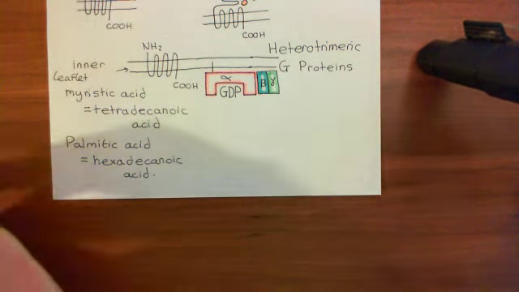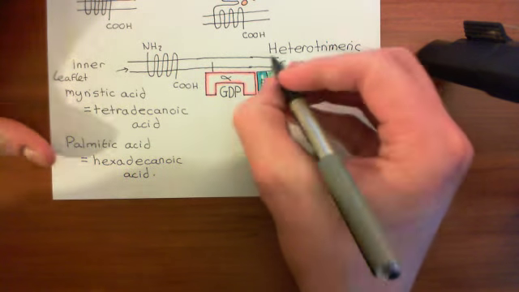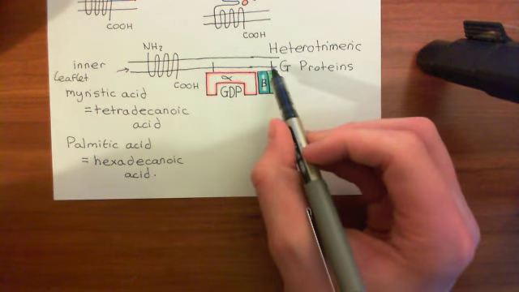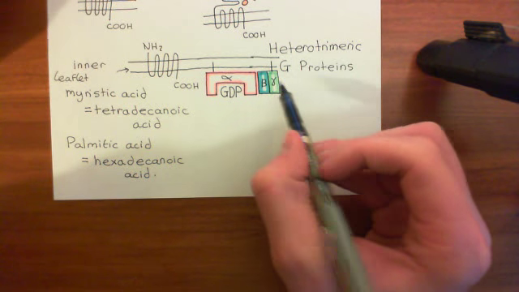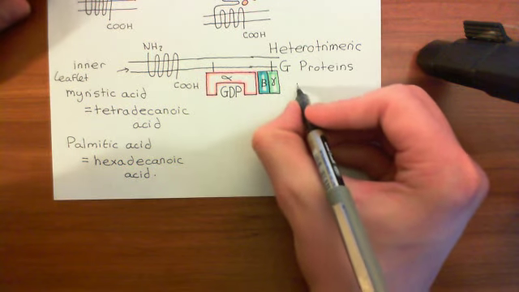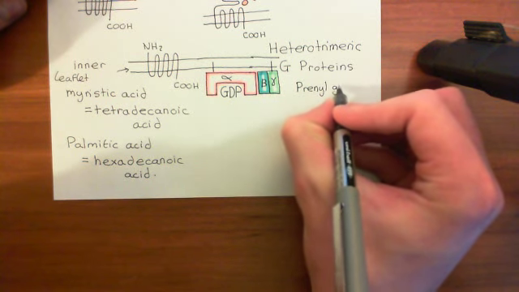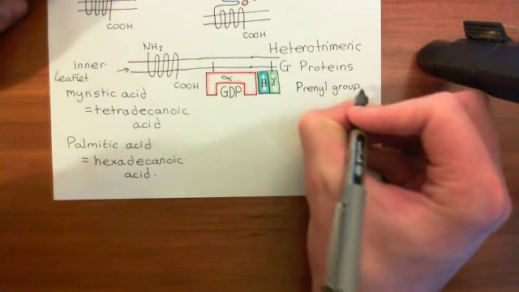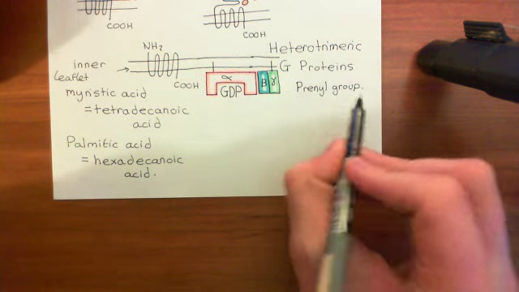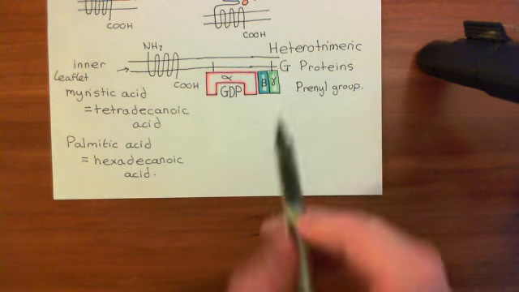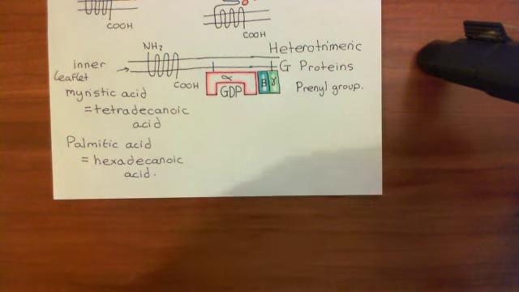Now, the gamma subunit also has a very hydrophobic lipid moiety stuck onto it, a slightly more complicated one. It gets something called a prenyl group added onto it, which will either be farnesyl or geranyl. If you don't know what those are, don't worry. All you need to understand is that you've got a very long chain hydrophobic molecule stuck off the side of the gamma subunit, implanting itself into the inner leaflet of the phospholipid bilayer.